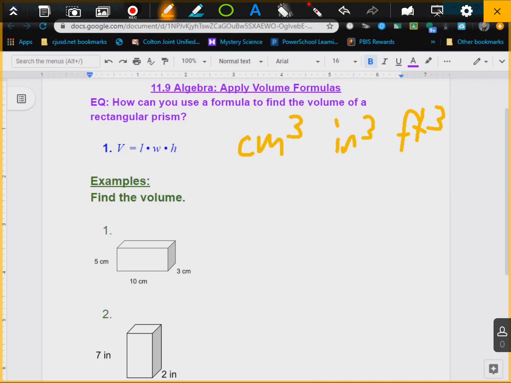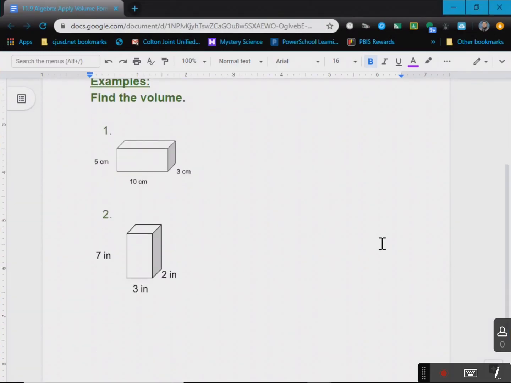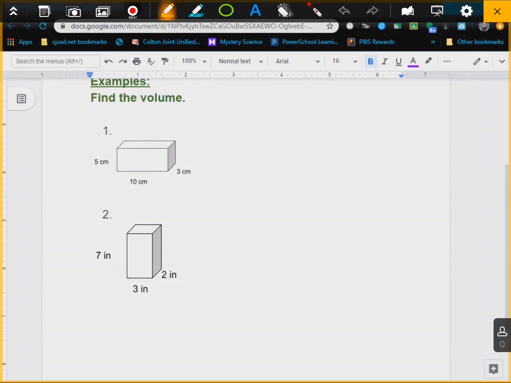So let's go ahead and get started with the first example. There's only two examples today, okay? The first is, so we have to find the volume. Volume is length times width times height. The length is 10, the width is 3, and the height is 5, okay?